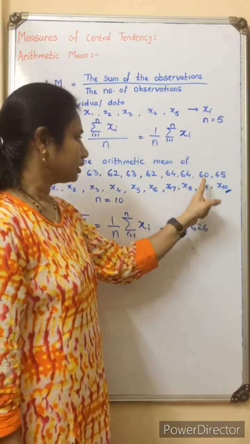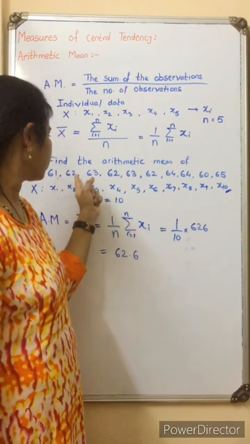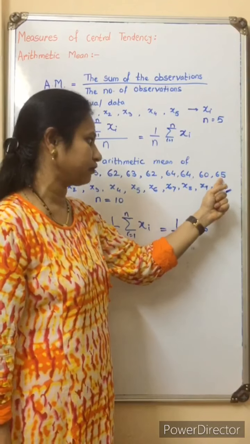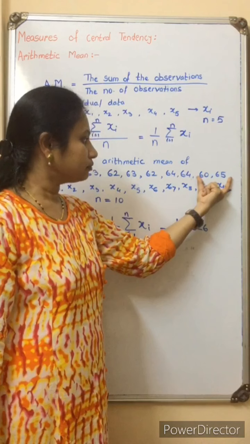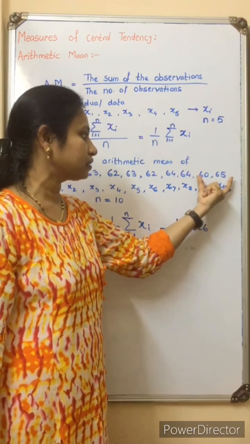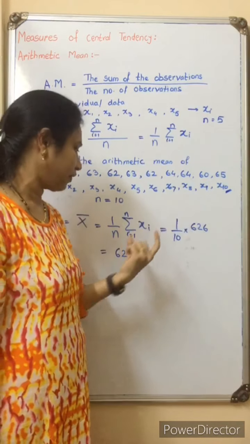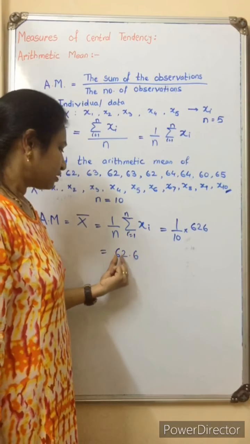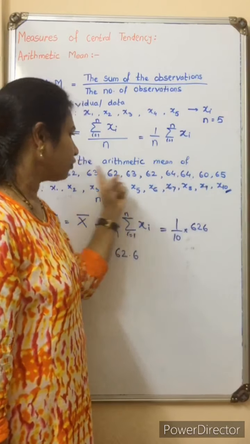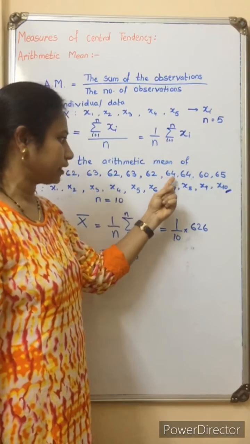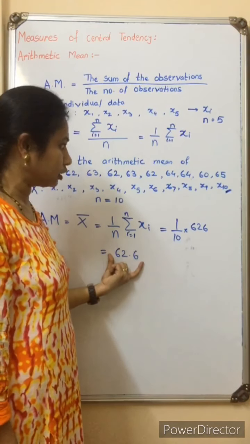The lower value is 60 and the upper value is 65. The answer must be between 60 and 65. If any one or two numbers are changed, your answer changes according to those values.